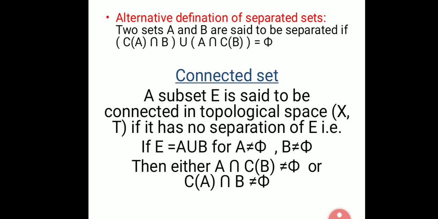And from this definition, if we want to define connected sets, then we can say that closure of A ∩ B ∪ A ∩ closure of B is not equal to phi.